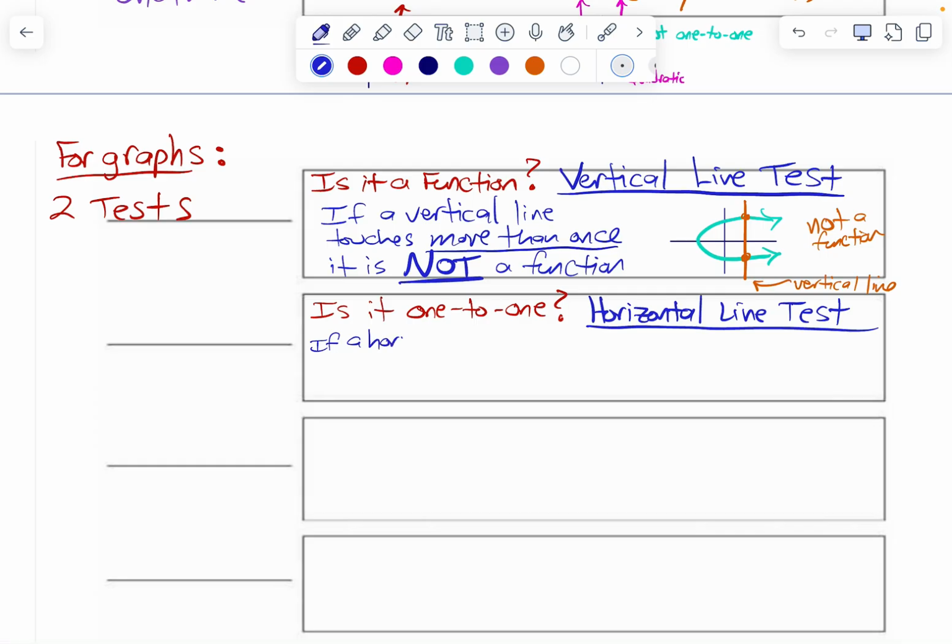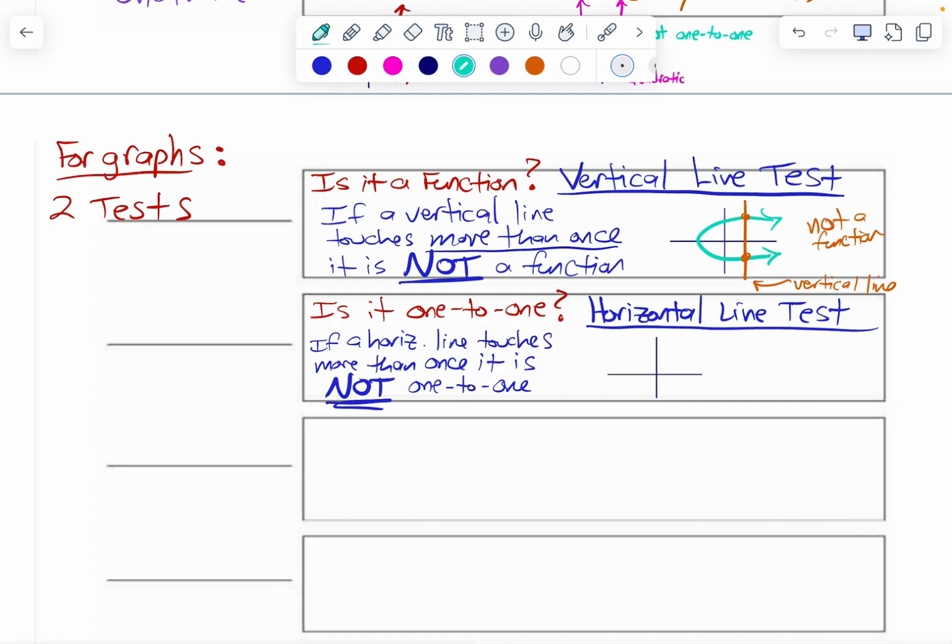So I'm going to abbreviate. If a horizontal line touches more than once, it is not one-to-one. And we did one just right up there, but we can put it here just to represent that.